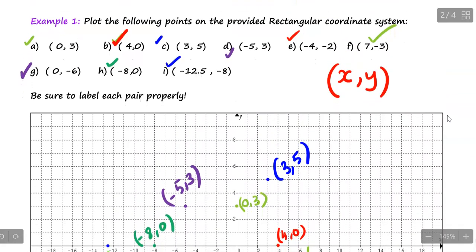Okay, so pay attention to this order, always x and then y. You cannot alternate the order of these two numbers. Always x comes first and then y. You don't have any choice here. You cannot switch to have y come first and then x. It doesn't work that way.